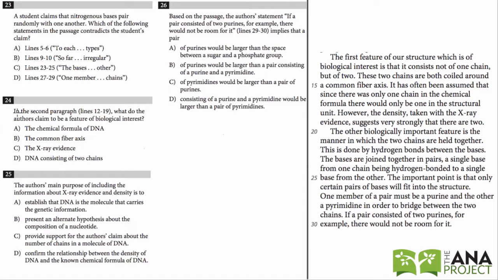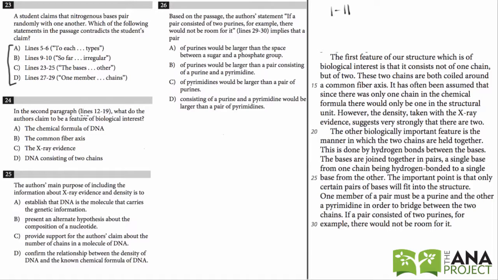The reason I want to do 24 first is because in 23, we've already read lines 1 through 11, first of all, the intro. And in 23, based off of the answer sources, we're probably going to have to read not only lines 5 through 6 and 9 through 10, which we've read, but also lines 23 through 29.